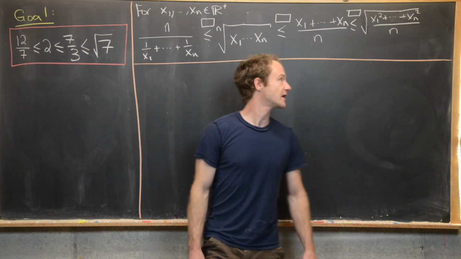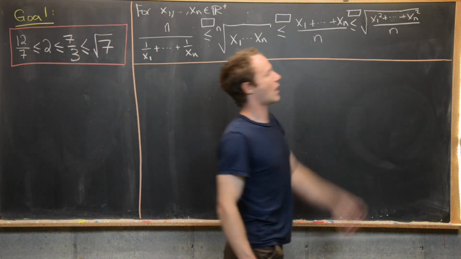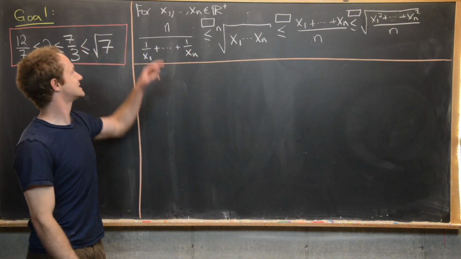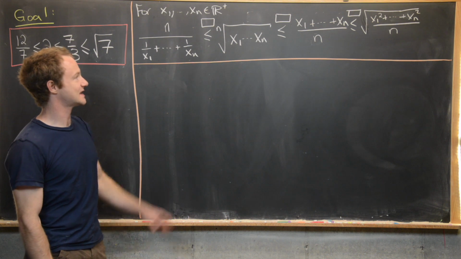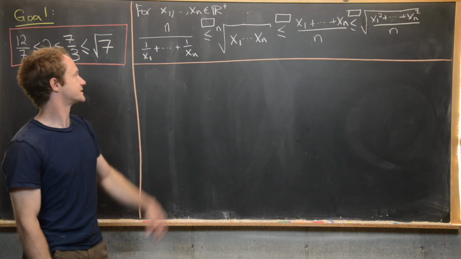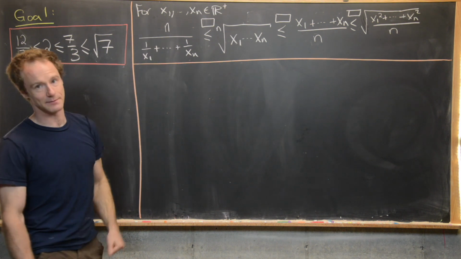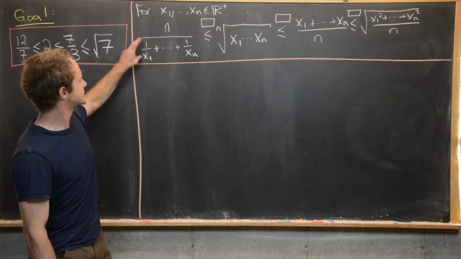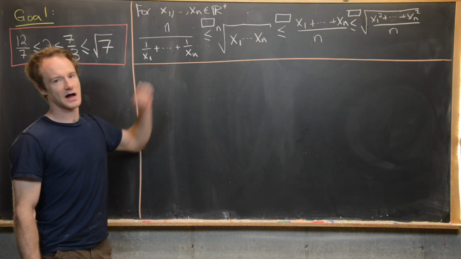And we're going to use something called the harmonic-geometric-arithmetic-and-quadratic mean inequality. And that says for all positive real numbers, x1 up to xn, this inequality holds. So notice on this left-hand side, we have n divided by 1 over x1 plus up to 1 over xn. That's called the harmonic mean.